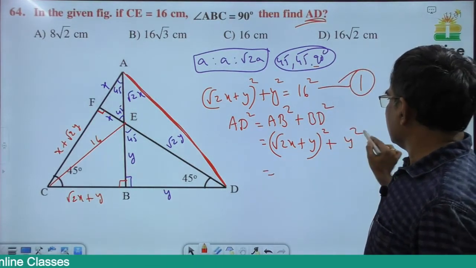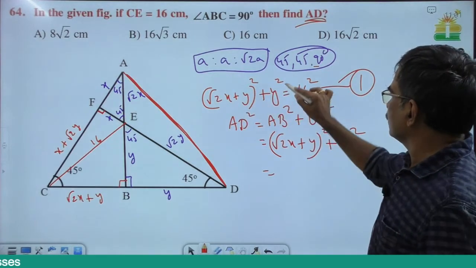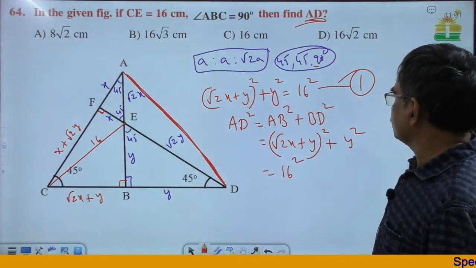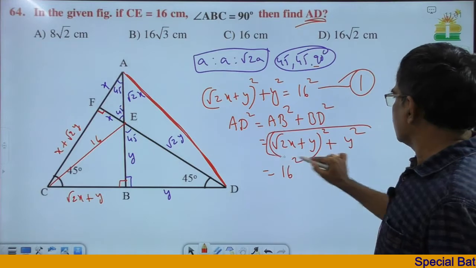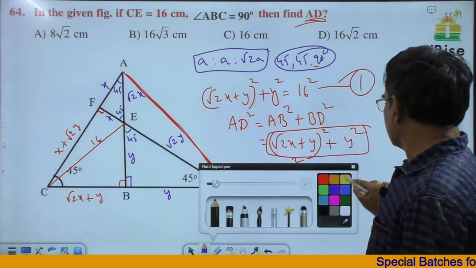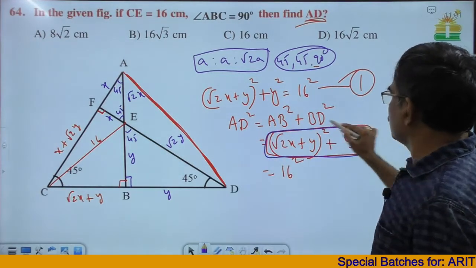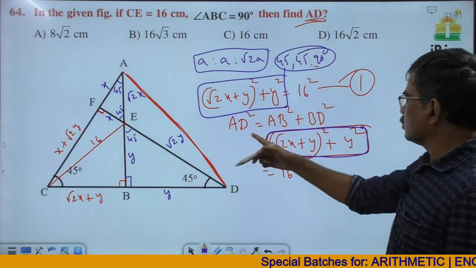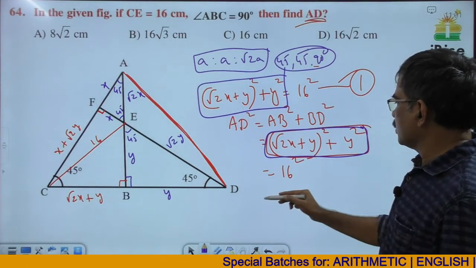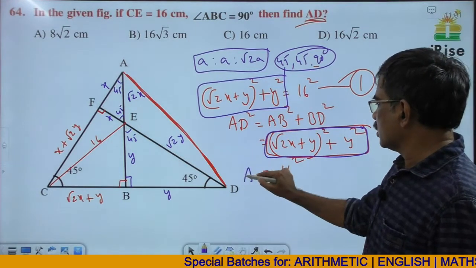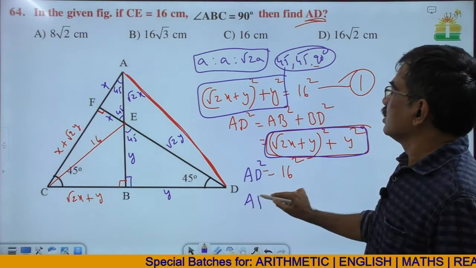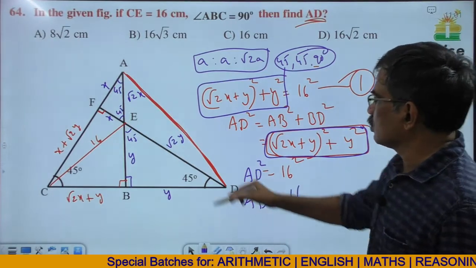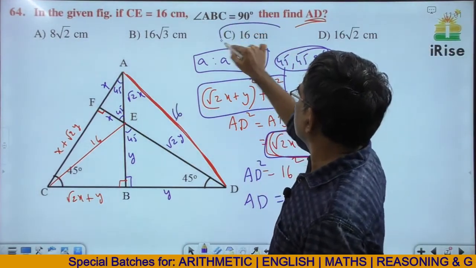Actually this is the same as this one, which is equal to 16 square. So AB square plus BD square is equal to 16 square. So AD square is equal to 16 square, AD is equal to 16. So this length is equal to 16 centimeters.